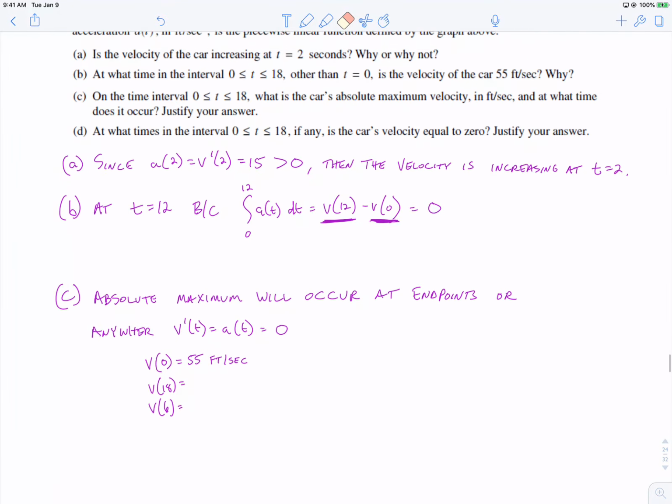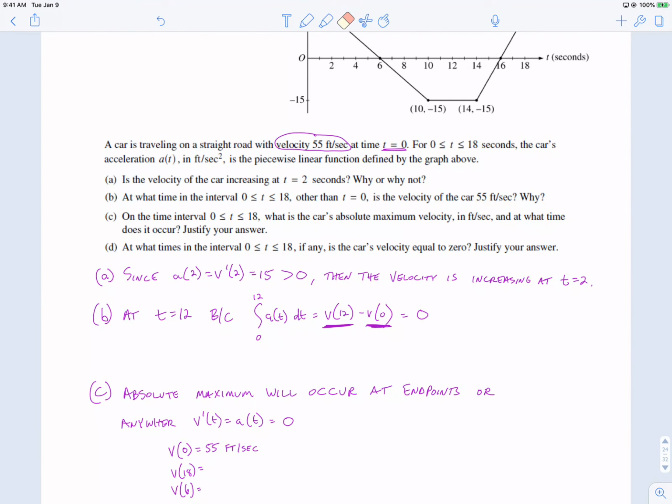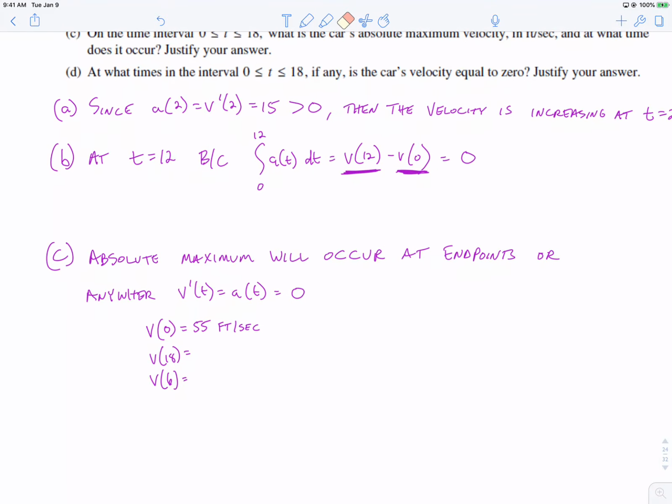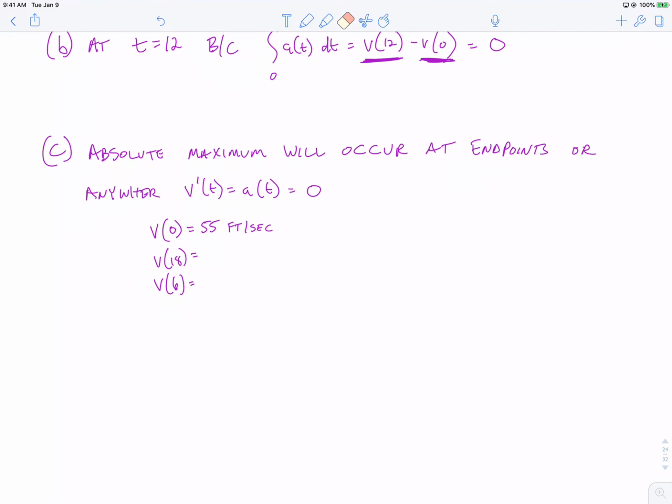well, let's do the velocity at 6 first, actually, I think that's helpful. So how do we figure out a velocity at a point when we don't have the velocity graph or the velocity function? Remember, we can say the integral from 0 to 6 of the acceleration function.